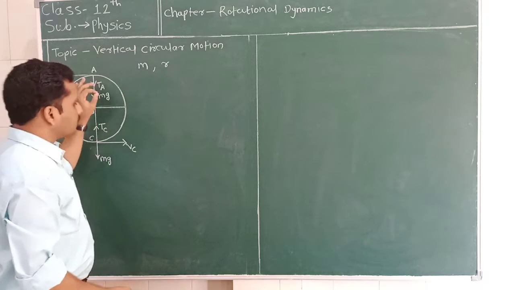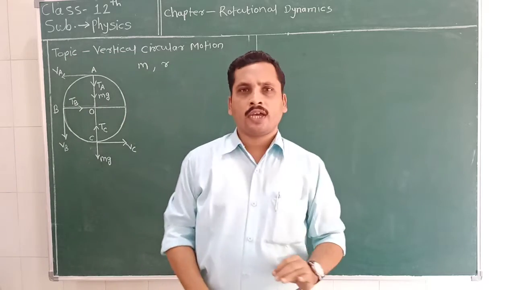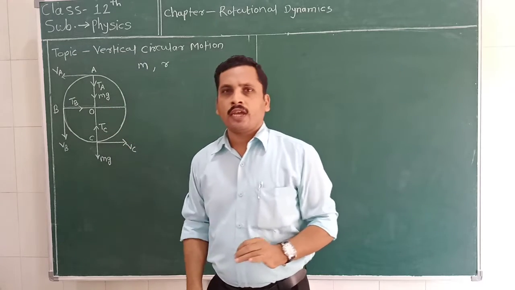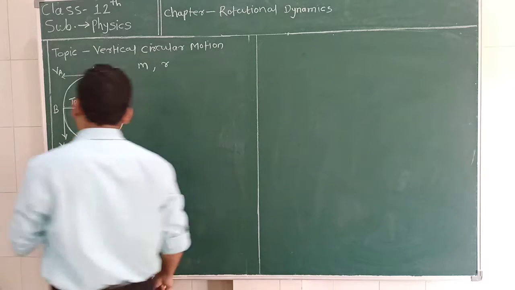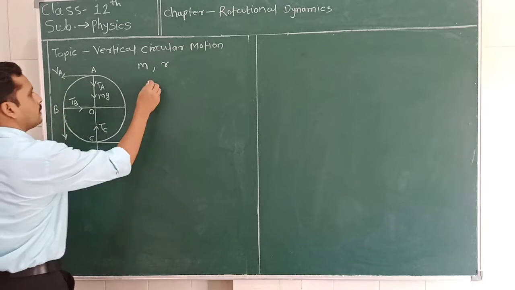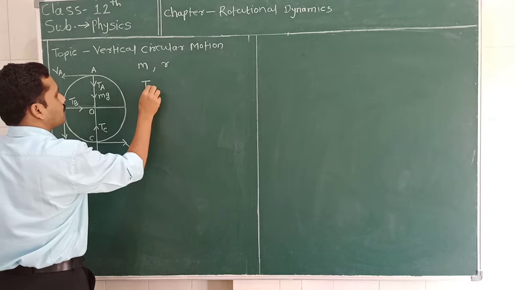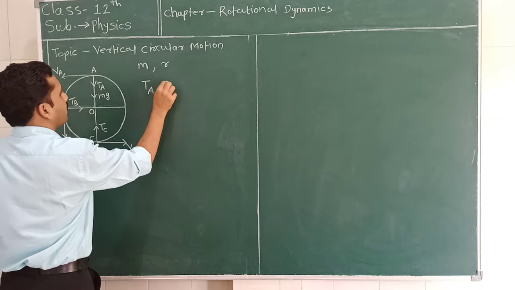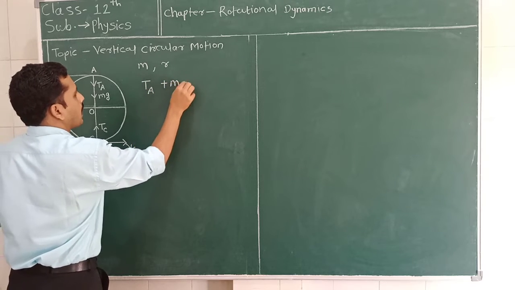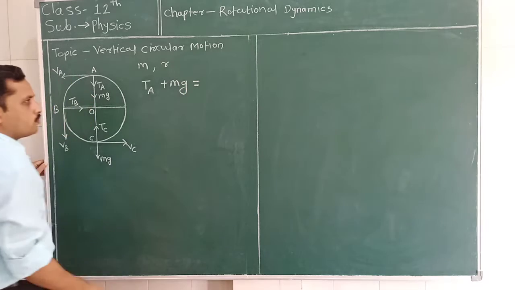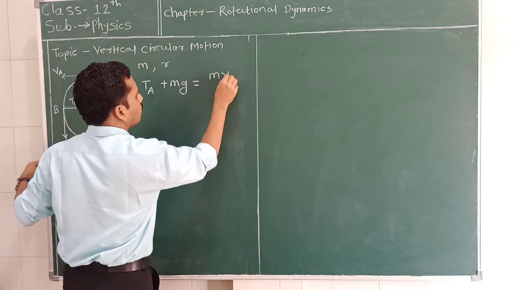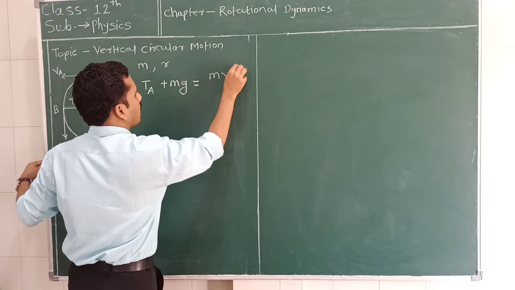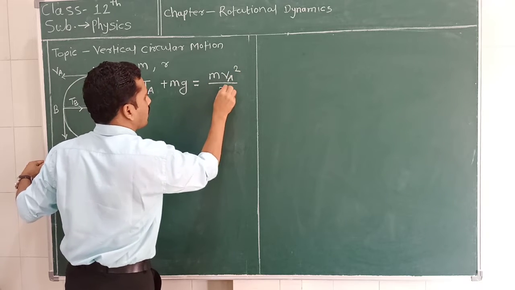Therefore, the resultant of this tension and the weight of the body is the centripetal force. So we can write the tension in the string at point A plus the weight of the body, mg, is equal to the centripetal force. And what is the centripetal force? It is equal to mVa² divided by r.